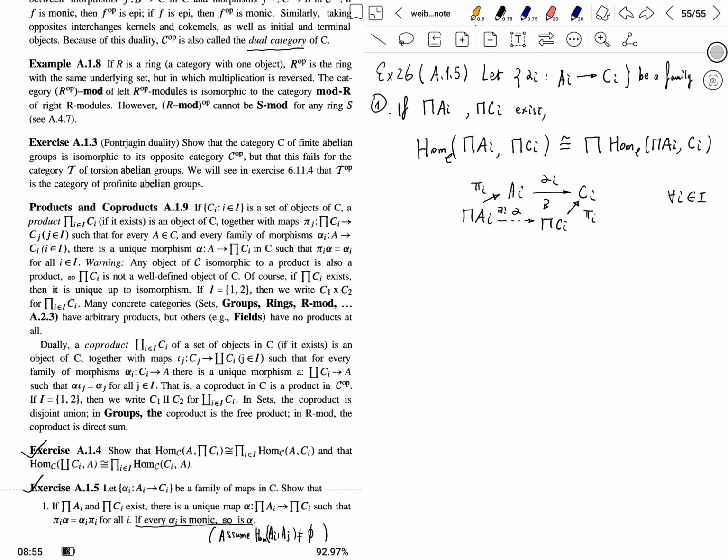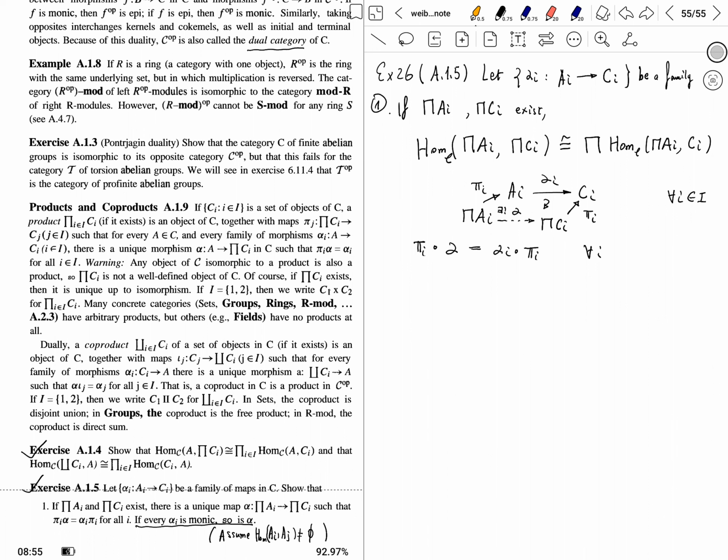Let's construct this map alpha such that alpha followed by pi_i equals pi_i followed by alpha_i, for any i. This is the first part of the exercise. The second part is showing that it preserves monicness.